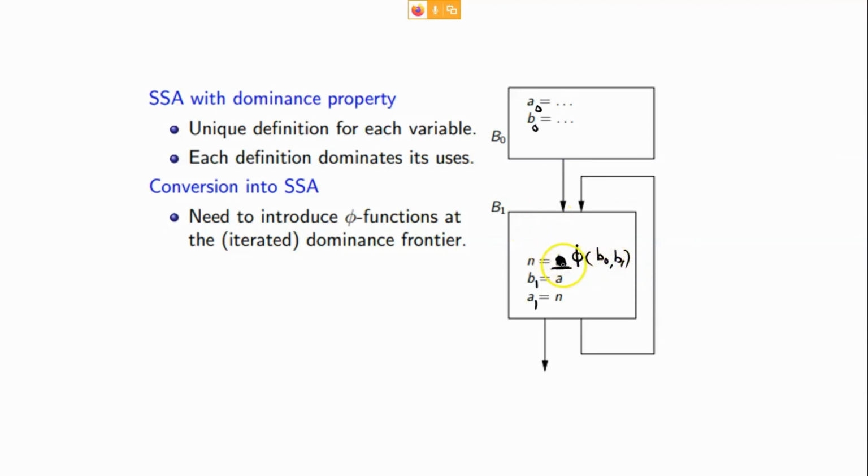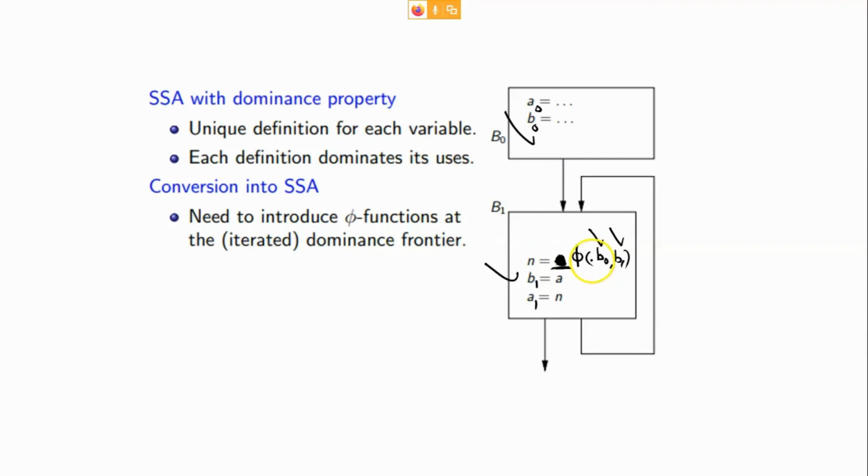Because at this point, this is the use and these are the definitions, and these two definitions are both reaching this place. So that's why we put phi(B0, B1). It means this definition is also reaching here, and that definition is also reaching here.